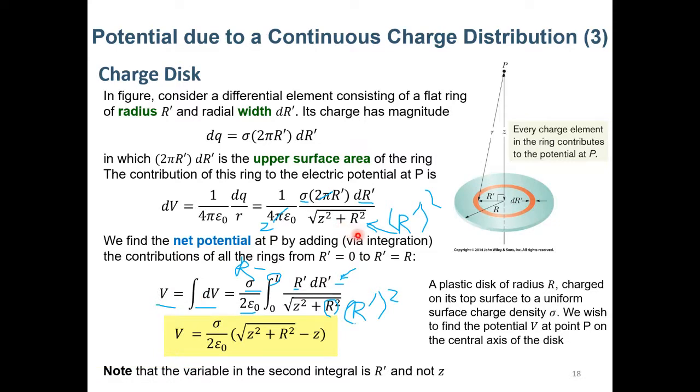This one should be R prime, this L should be capital R, and this R is also R prime squared, for this term. Actually, integrating this term is simple, I think.